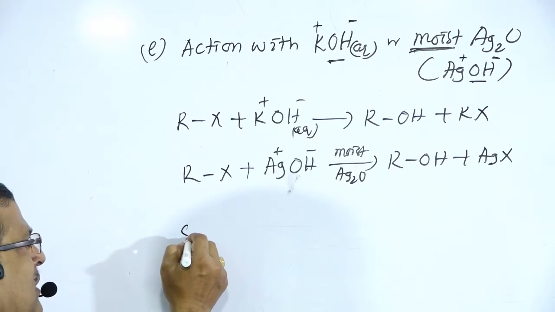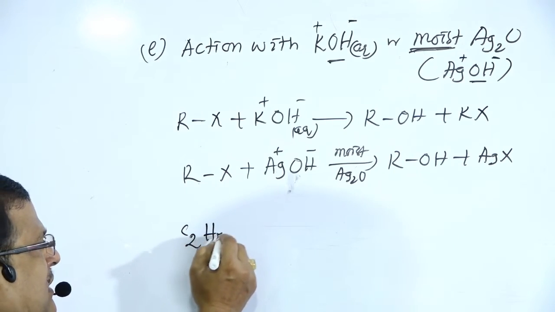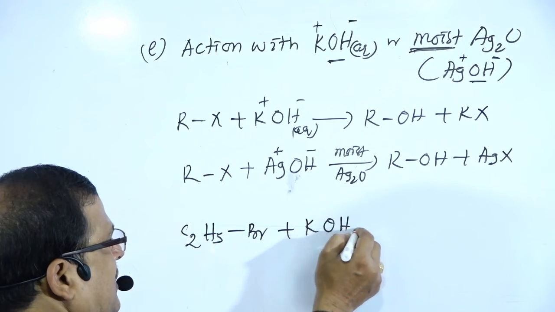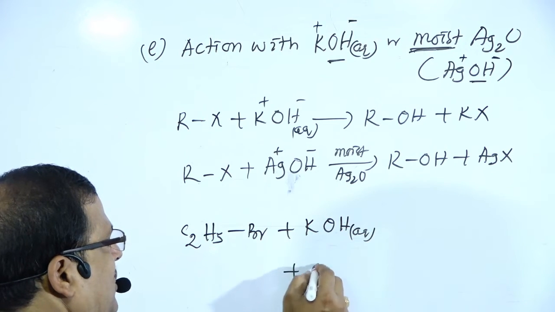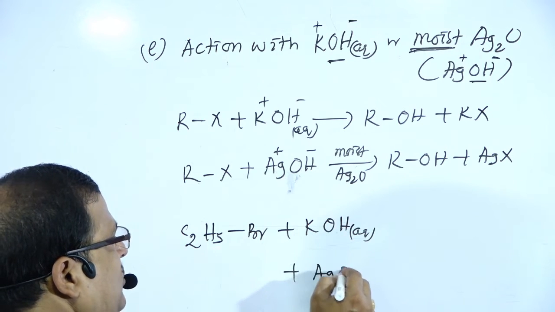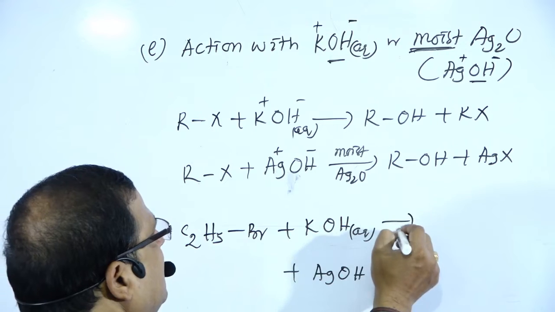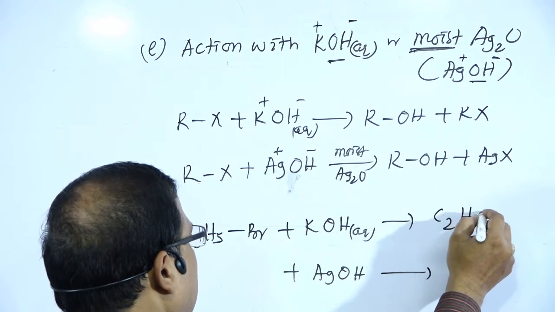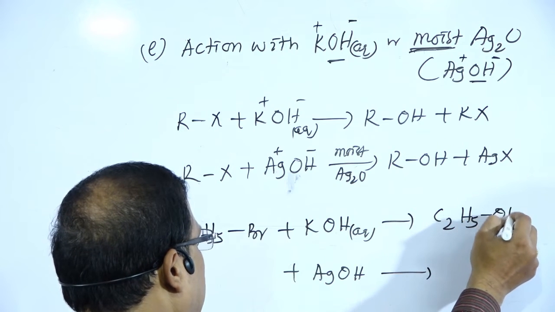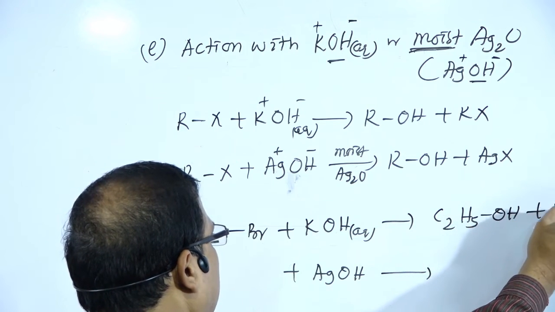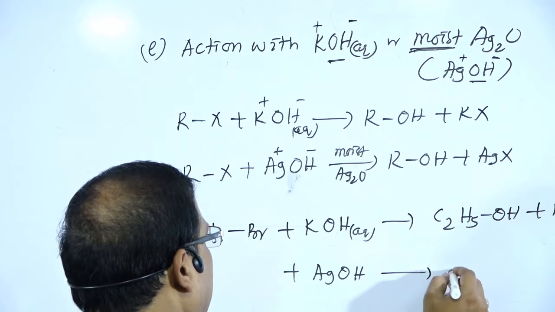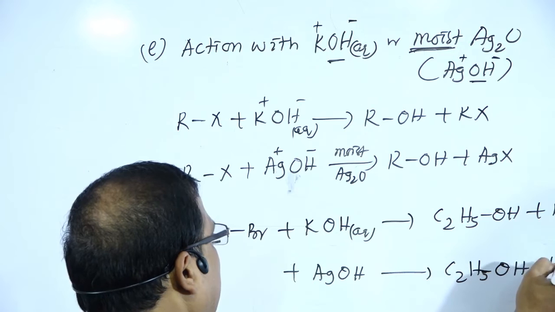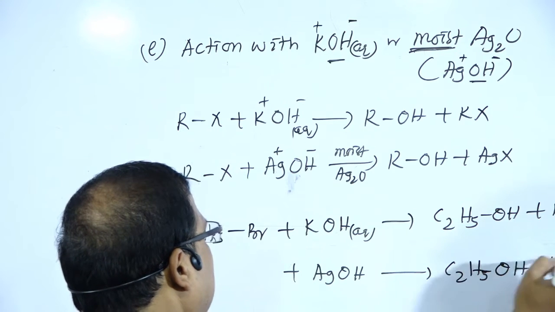For example, C2H5Br treated with aqueous KOH or moist Ag2O, AgOH, forms C2H5OH plus KBr, or C2H5OH plus AgBr.